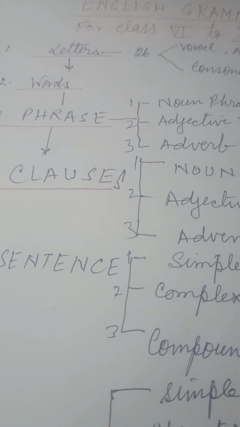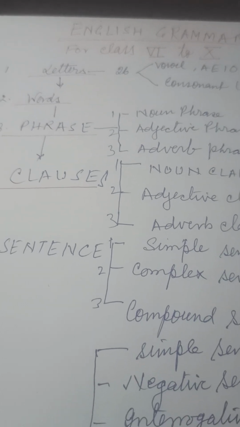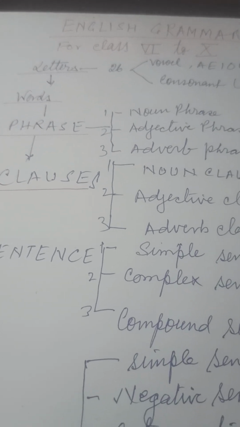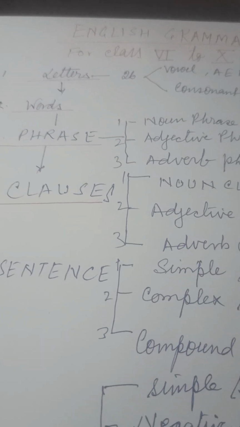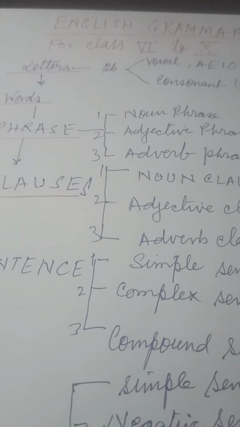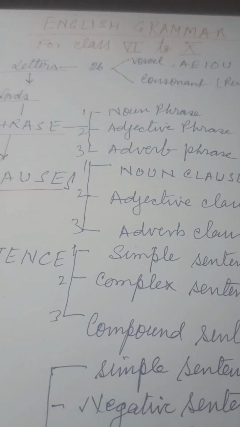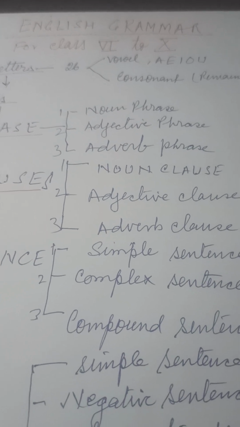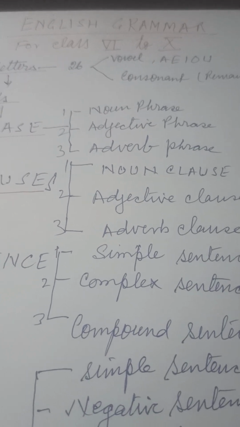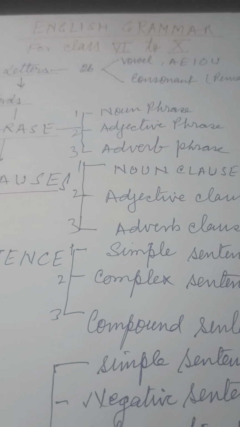So these are the words which we are explaining here. We see next phrases. Phrases, that is the combination of words, but in a particular manner. For example, there are three phrases where we can start now: noun phrase, adjective phrase, and adverb phrase.